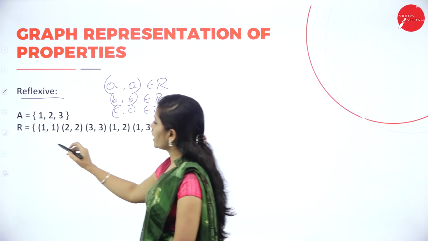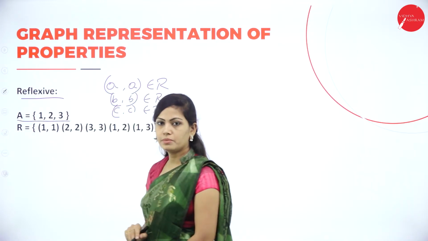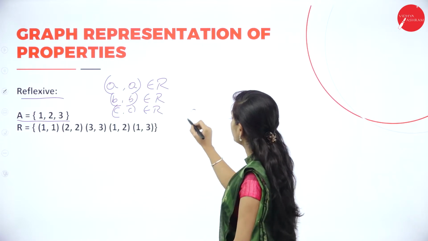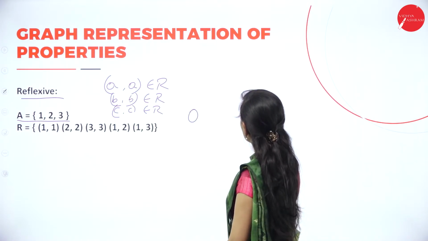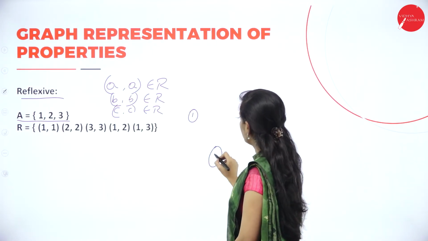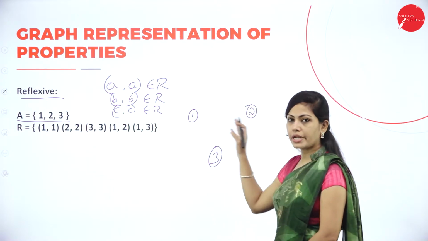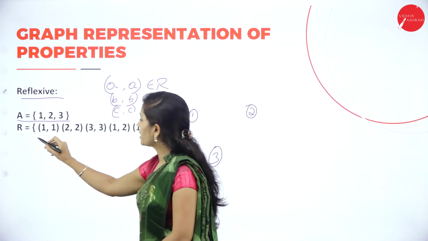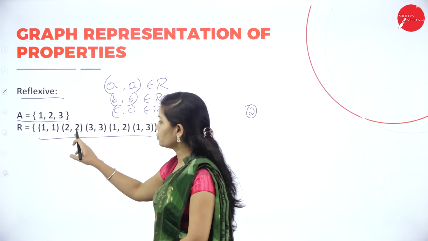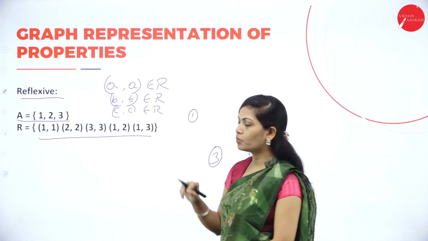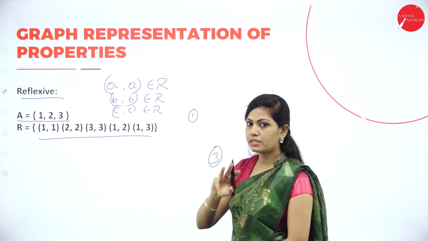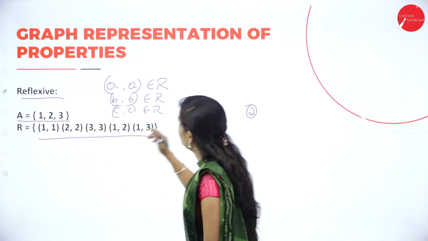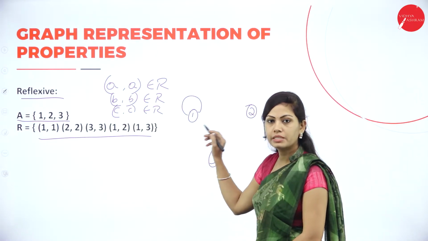So here we have set elements. A is equal to {1, 2, 3}. We have 3 set elements: 1, 2 and 3. First write the set elements of A and we have the relation (1,1), (2,2), (3,3), (1,2) and (1,3). So 1 to 1 means it is a self loop.